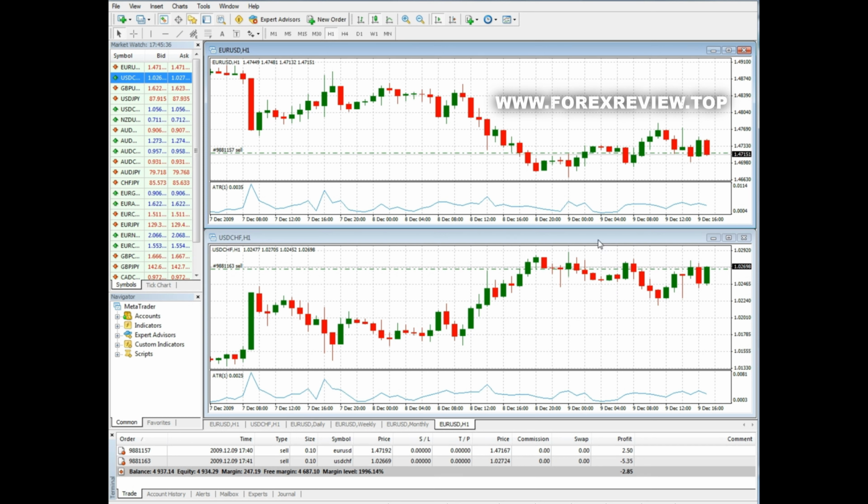Then if you're risking, say, 3% per trade, then you end up effectively risking 6% because you're effectively using two trades which are the same. So as the market moves, as the euro dollar, US dollar goes in one direction, the US dollar, Swiss franc goes in the other direction. I know that may be confusing.